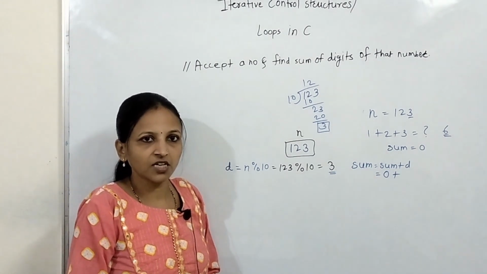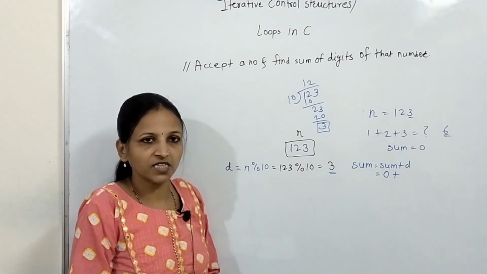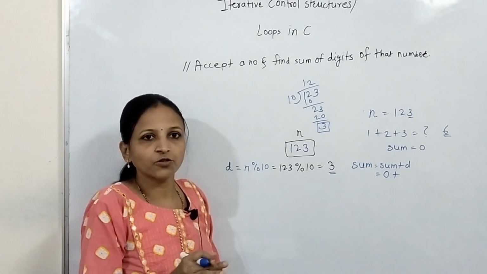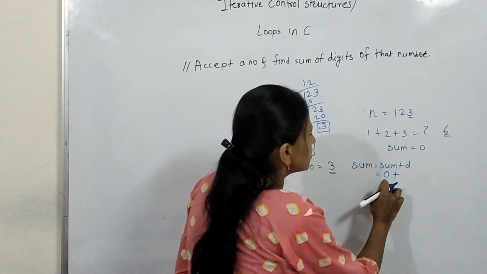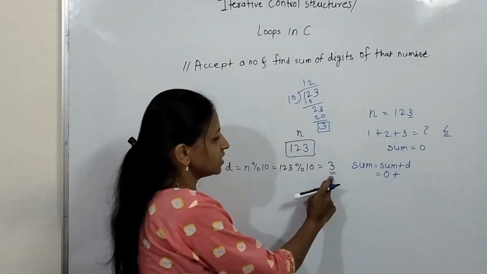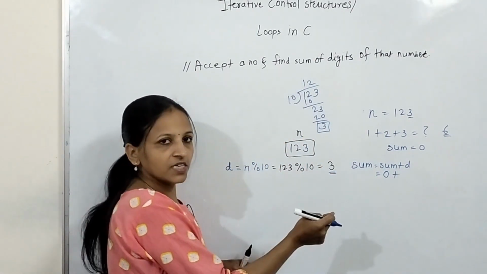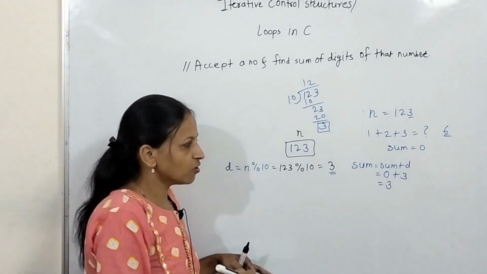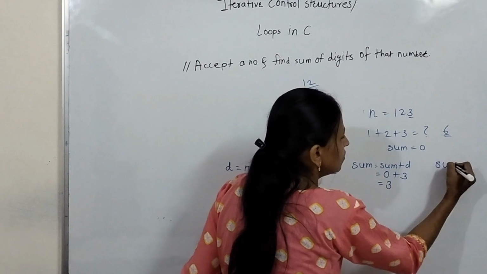That's why you should always keep in mind that whenever you want to calculate a sum, initialize that variable to 0 first. Now 0 plus the value of d, which is 3 here. We calculate and we get 3 as the sum. Now in that sum variable we have 3.